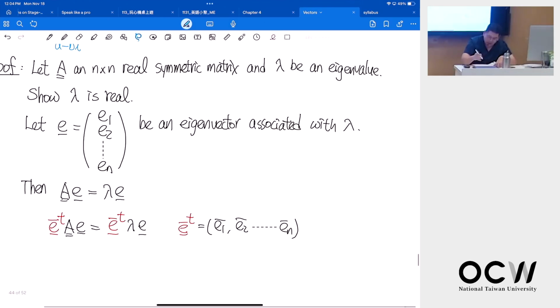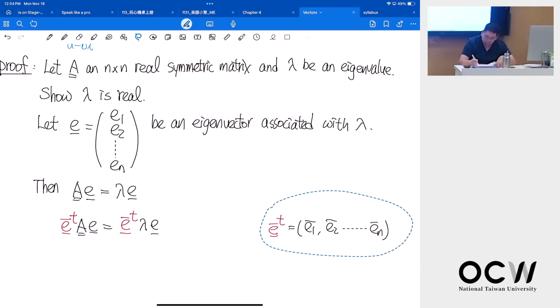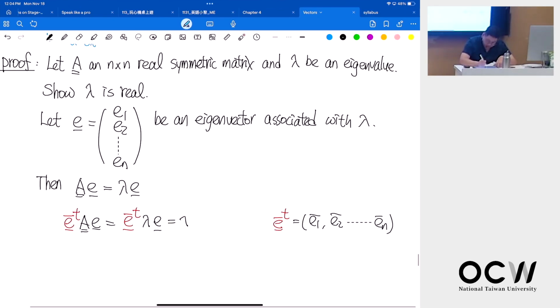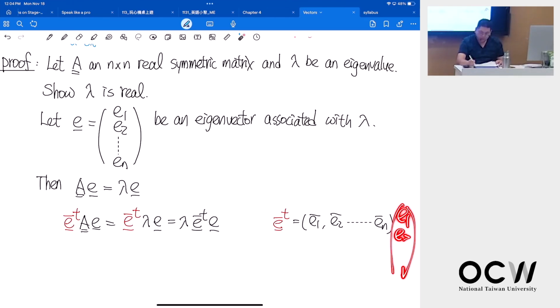Since lambda is a constant, I can put it outside. This becomes lambda times E conjugate transpose times E. So you have this times E, E1, E2 to En. Let's write it down.